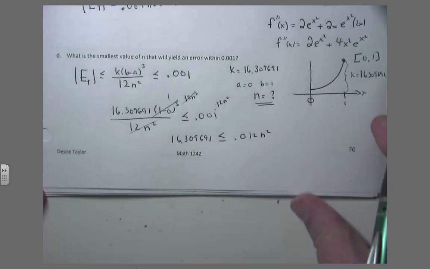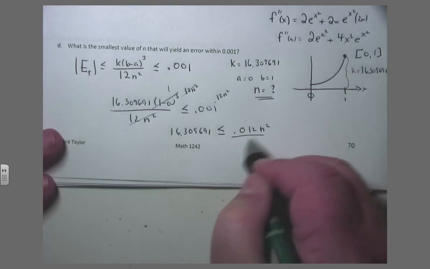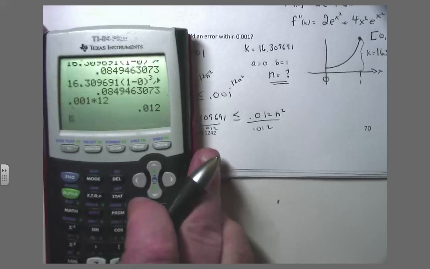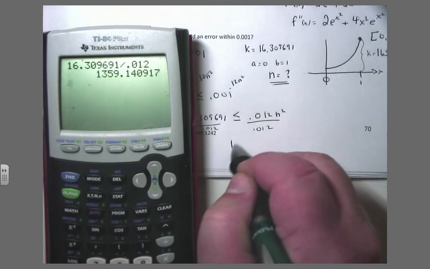Now, what are you going to do to solve for n? Let's get that n squared by itself. I'm going to divide by 0.012 on both sides. I'm literally doing this on the calculator here: 16.309691 divided by 0.012, and I get this.